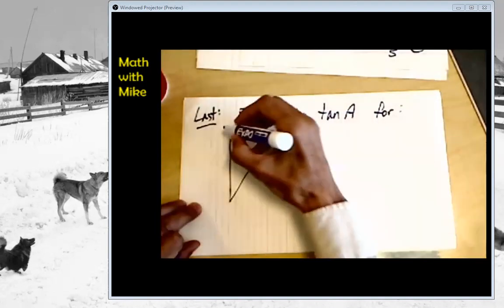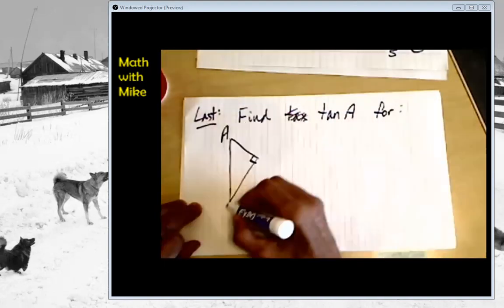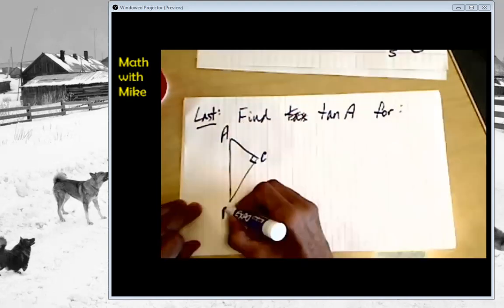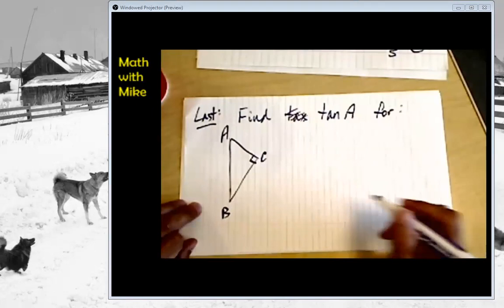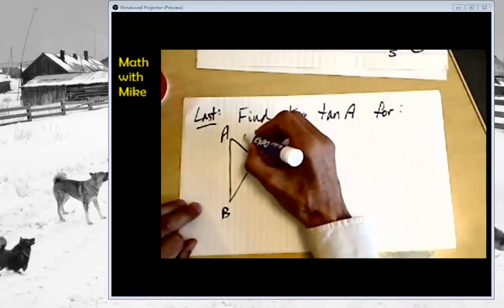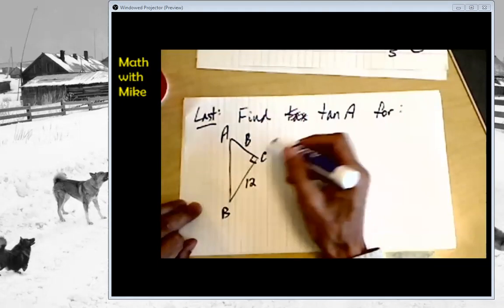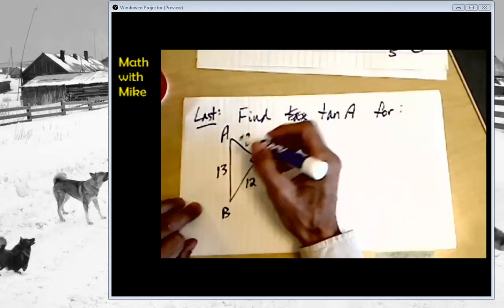We got A, call that C. C is usually at the right angle there. B like that. And we'll have the numbers 8, 12, and 13. I think those go together, if I remember correctly.